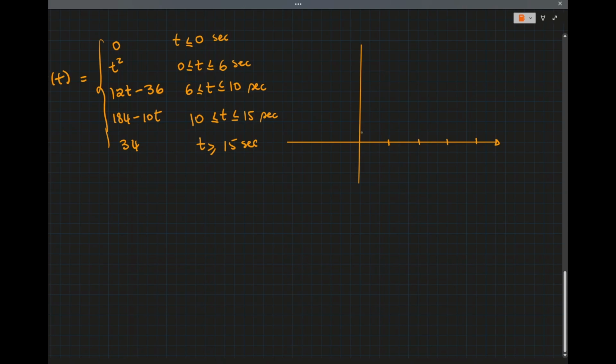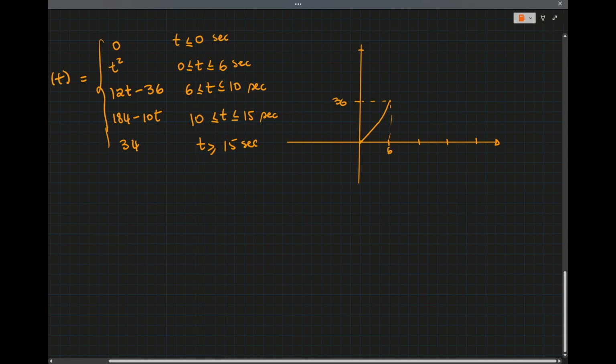It's t squared from 0 to 6, so this is 36 when t equals 6.